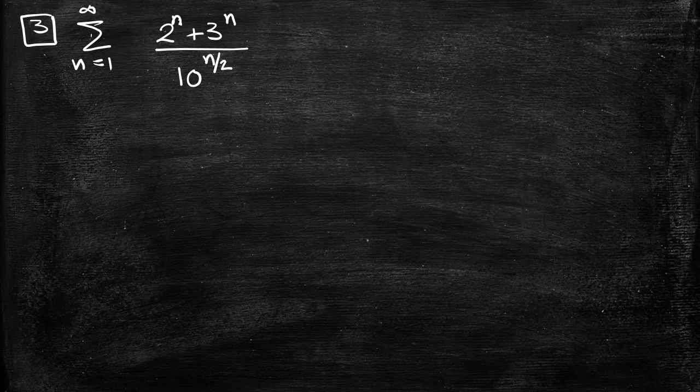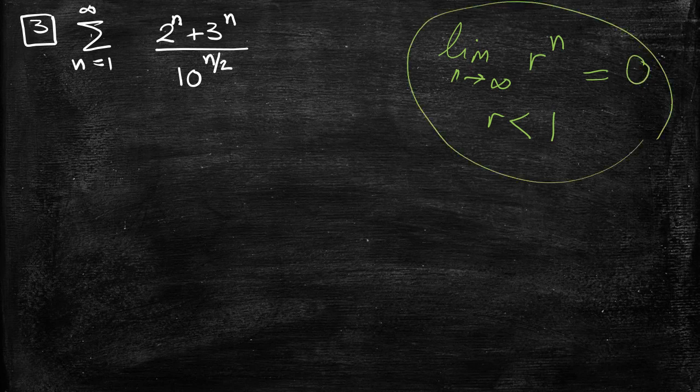The third one is sigma n equal to 1 up to infinity of (2 power n plus 3 power n) divided by 10 power n over 2. Again, we did something close to this in the sequence test, and we understand that if we have the limit as n approaches infinity of r power n, and r is less than 1, a fraction, this limit approaches 0.